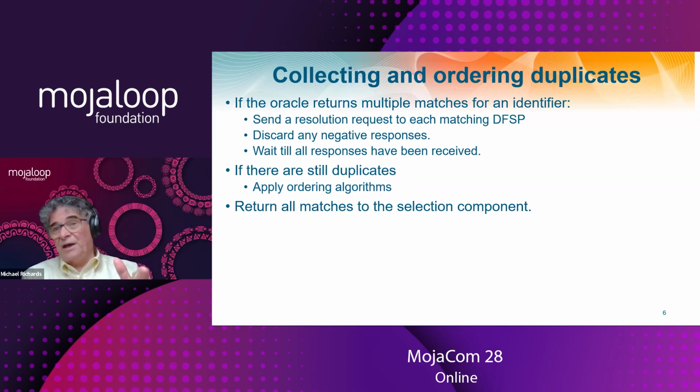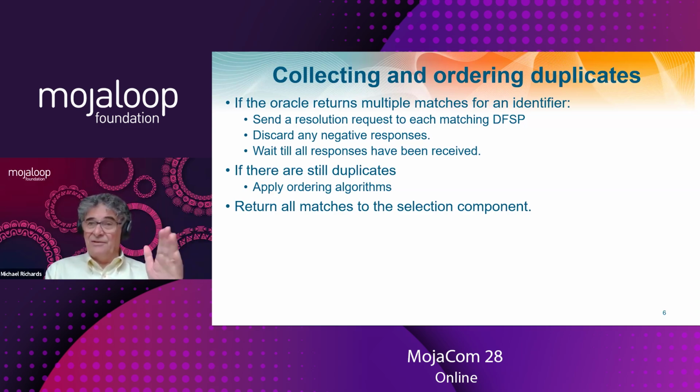Each response would have some information connected with it, which we could make use of. In particular, it would have a name. So we could, for instance, immediately distinguish whether we were talking about one entity with two different accounts at different DFSPs or two entities with obviously one account each at a different DFSP.